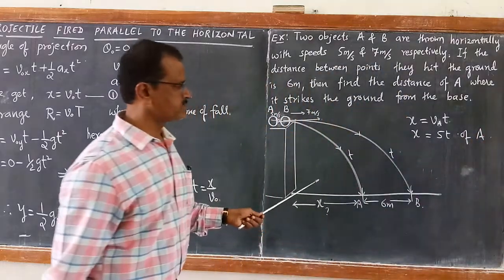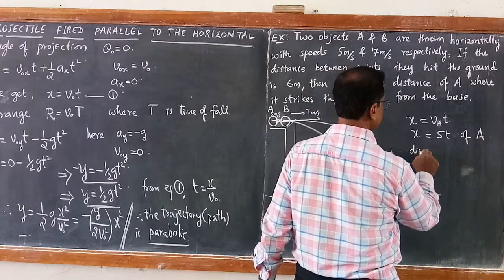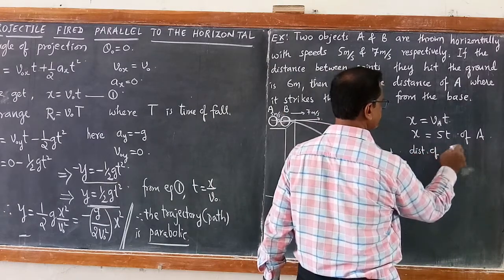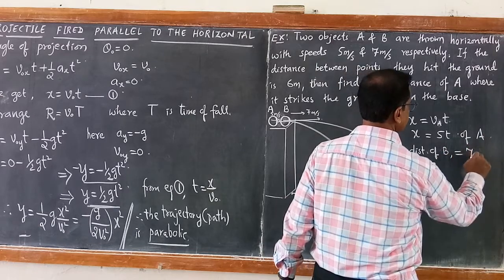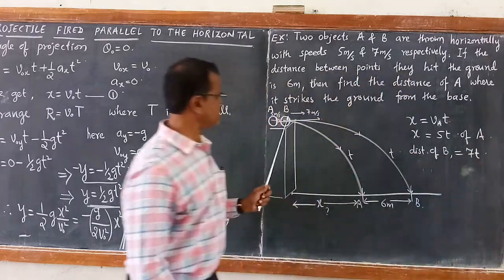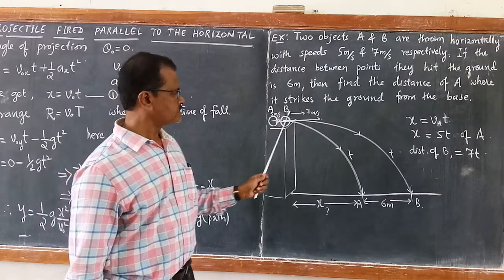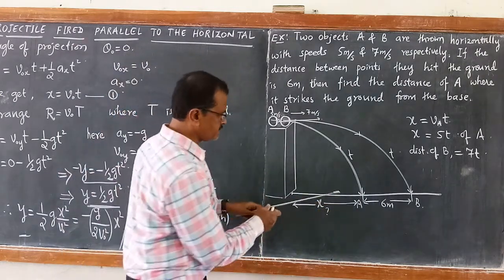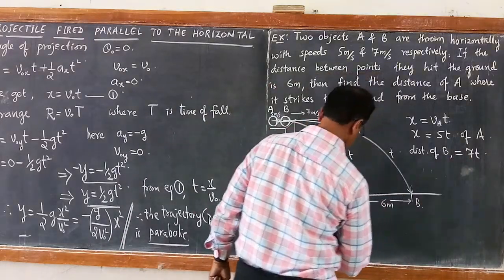Then what is the distance of B? The displacement of B will be equal to 7 times t, because its initial velocity is 7. This distance you can call x dash.